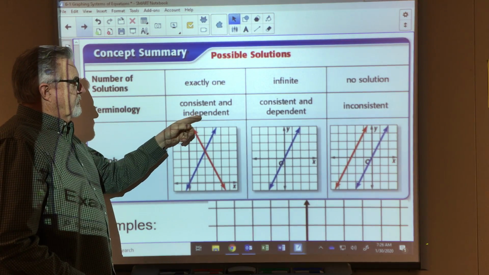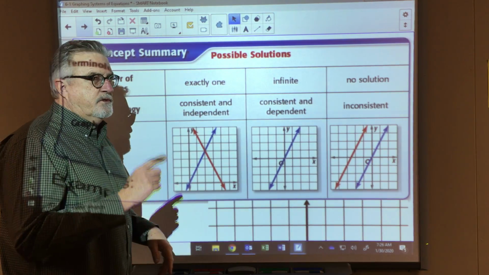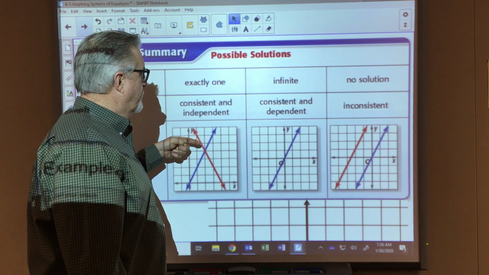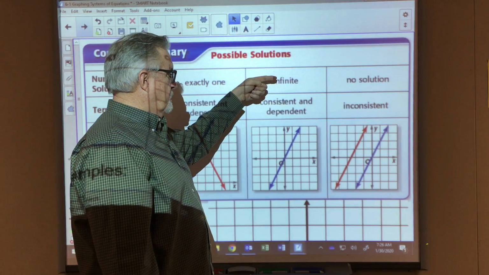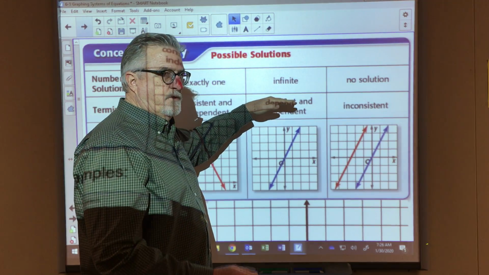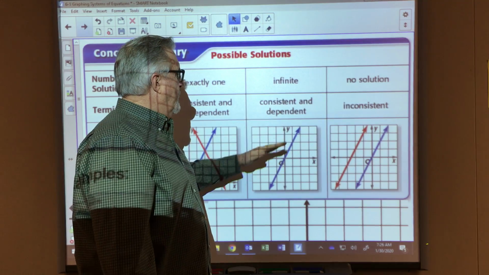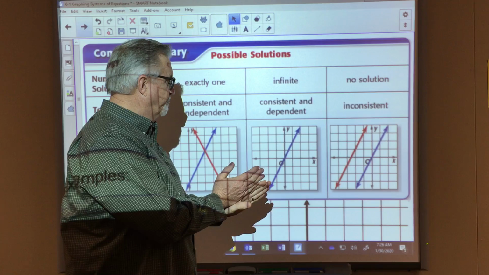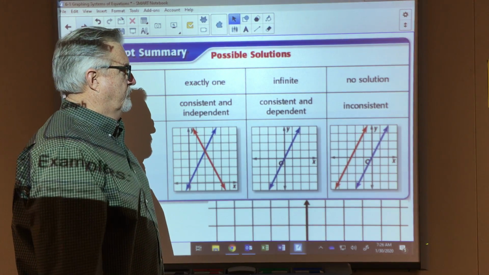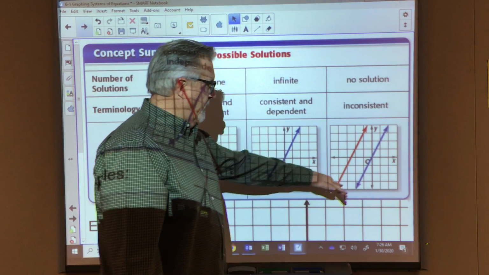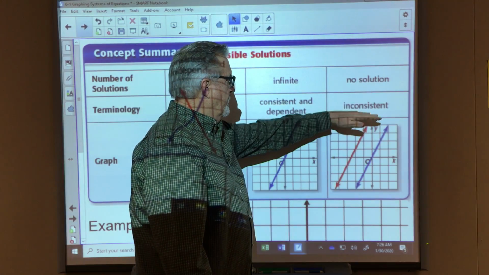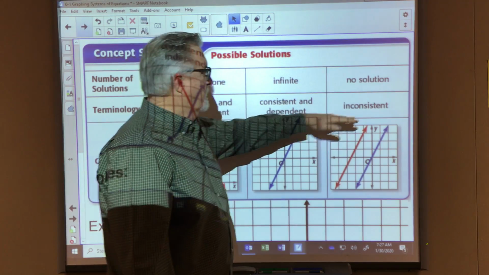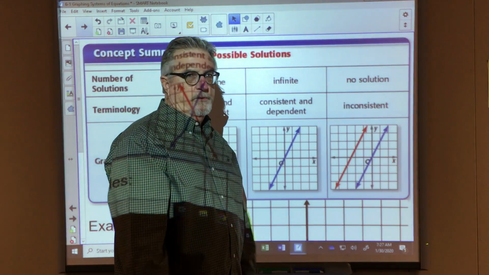Exactly one solution is also called independent, because there is only one solution, so it would be considered consistent and independent. Infinite solutions is consistent because there is at least one solution, and it's called dependent because those lines are laying on top of each other. For a no solution, which are parallel lines as you can see, we call it inconsistent. If consistent means there's at least one solution, inconsistent means there's no solution.